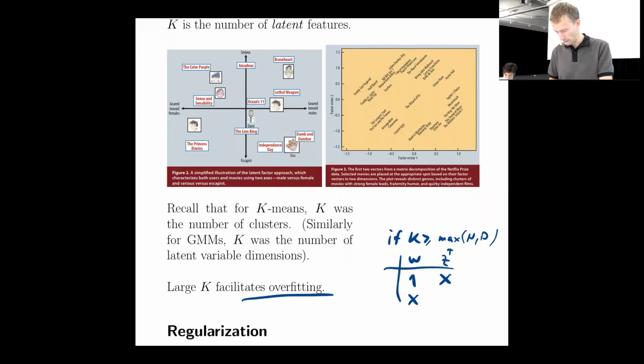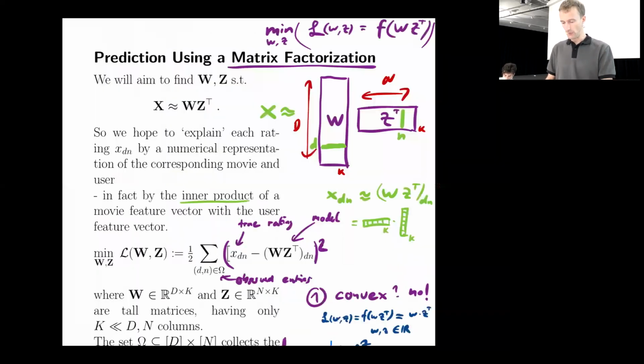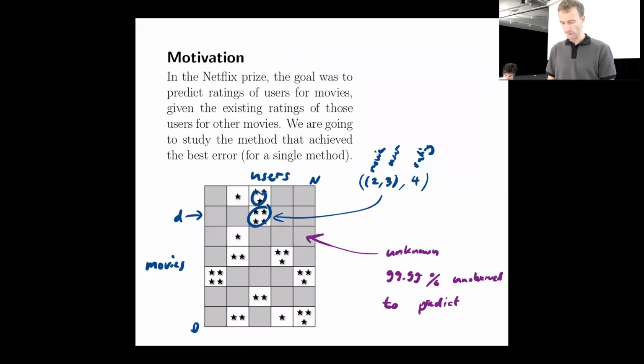You have 0 error, perfect training error, but it's maybe a bit meaningless. If k is too large, then you will easily have 0 training error, which means perfect prediction on all these entries. But that's not the only useful thing, right? You will overfit. You will actually not be meaningful anymore, because the point is not only to fit the observed entries. The point is to have a model which can, on one hand, fit, but on the other hand, also predict the ones we don't know.